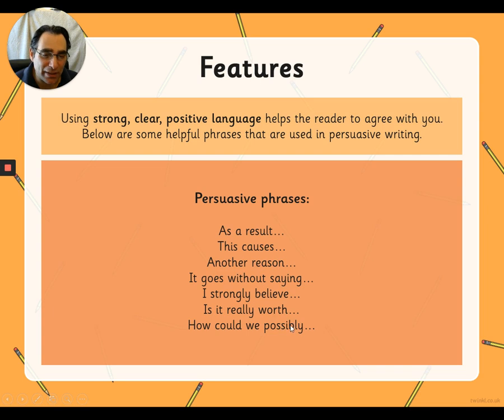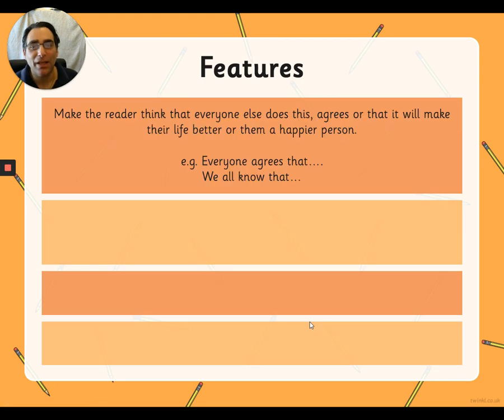How could we possibly go to another area when South Norwood has everything? You want to make the reader, me, think that everyone else does this. I want to feel left out by not going to the place you persuaded me to go to.